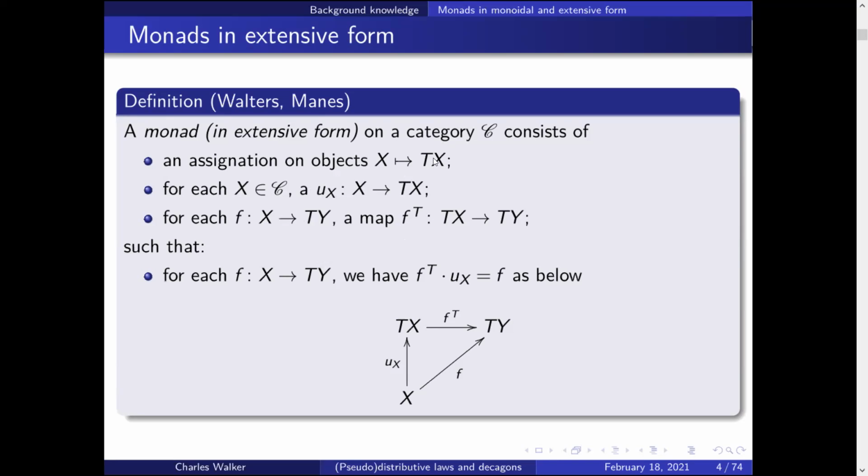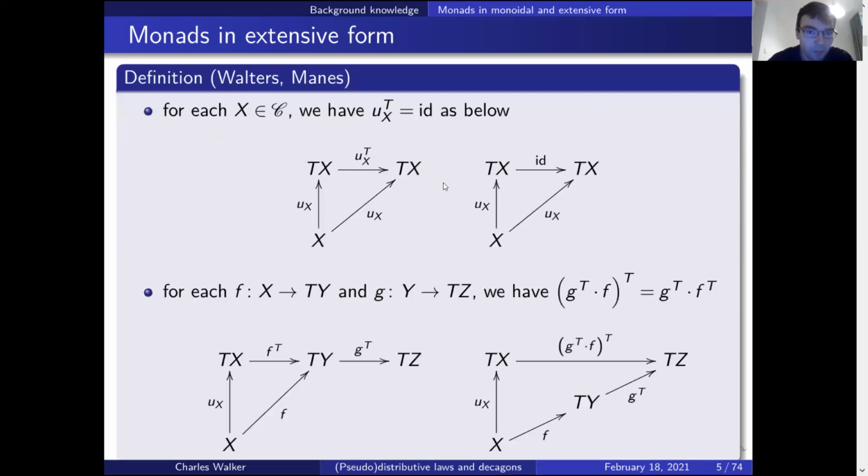Right, and then this data is meant to satisfy 3 axioms. First of all, these triangles are meant to commute. So the extension restricted along the unit should just be the f that we started with. We also have an axiom that says the extension of the unit should just be the identity.